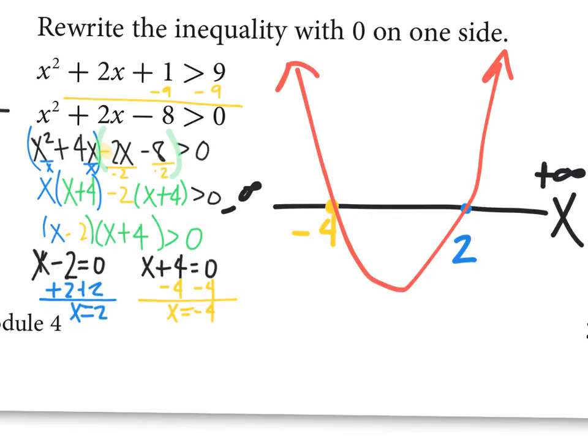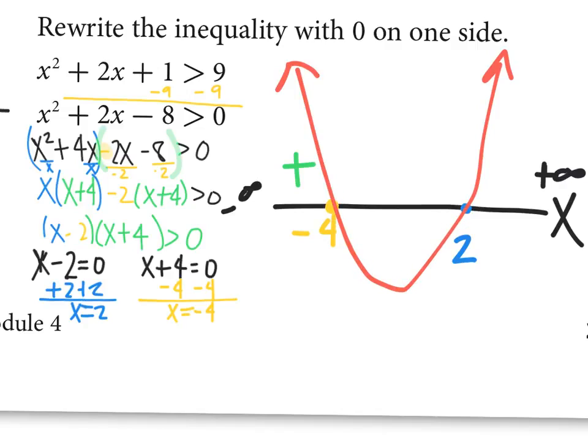Okay. So if we're trying to figure out where this is positive, we already did this work, but I want you to see what's happening. On this first interval, from -infinity to -4, is my graph above the x-axis or below the x-axis? Above. So that means on this interval it is positive. What happens to the graph between -4 and +2?